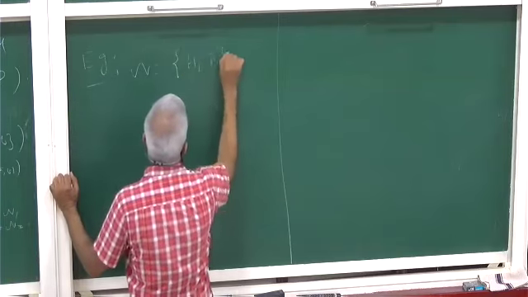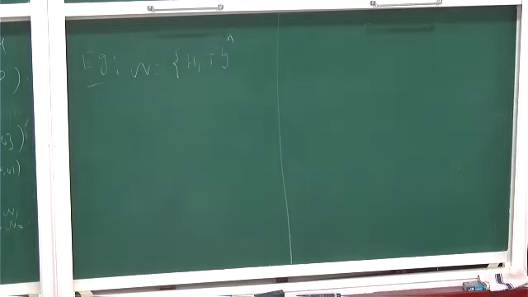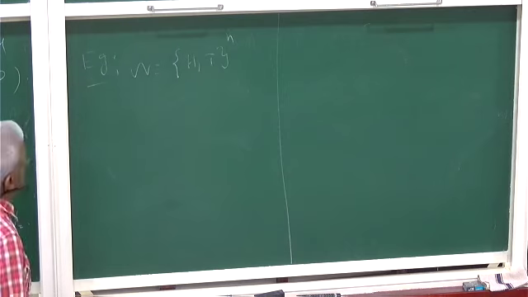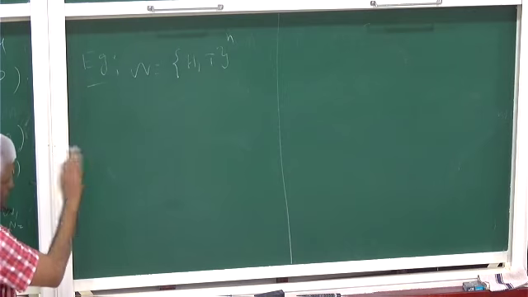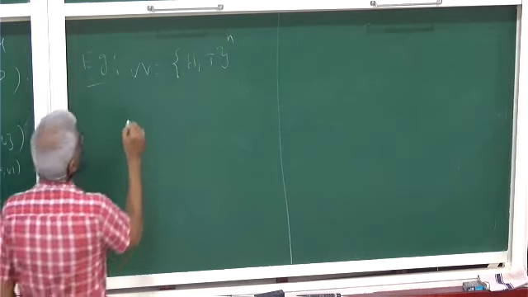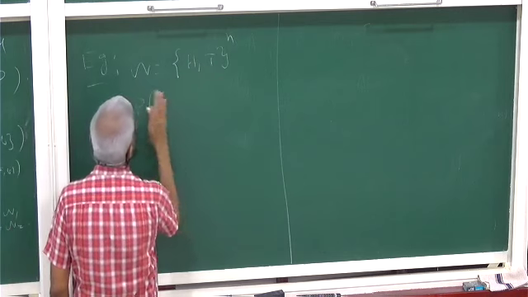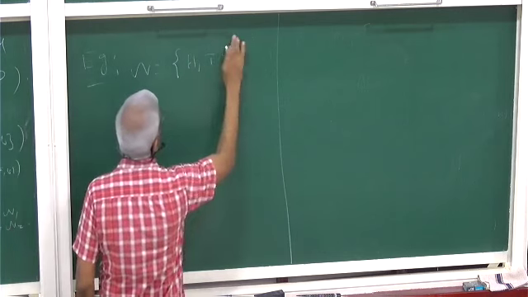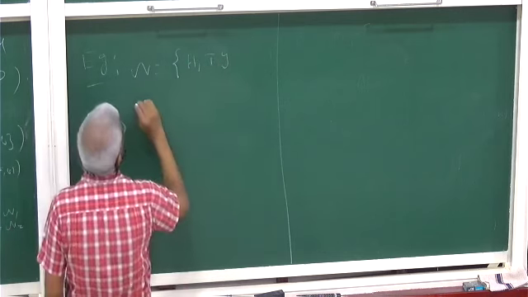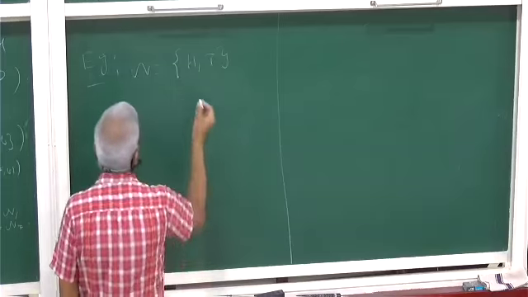So it will be {H,T} to the power n, right? Direct product n times. You know the power. And I don't have to write the probability and all those things. That's clear. Let's take omega.